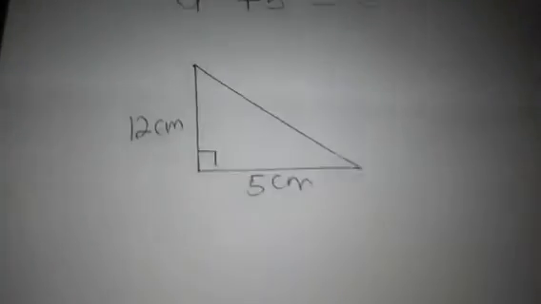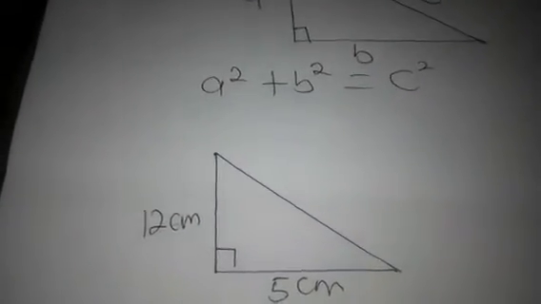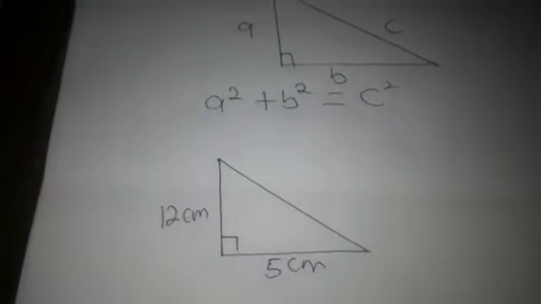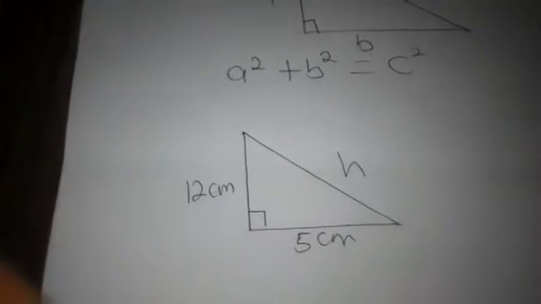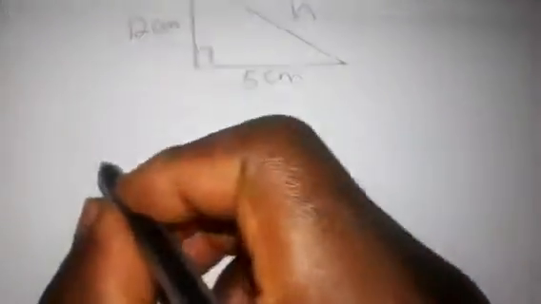We have an example here from our previous lesson, where the opposite and adjacent are represented by 12 centimeters and 5 centimeters, whereas the hypotenuse is represented by h. We are then expected to find the value of the hypotenuse, which is h.